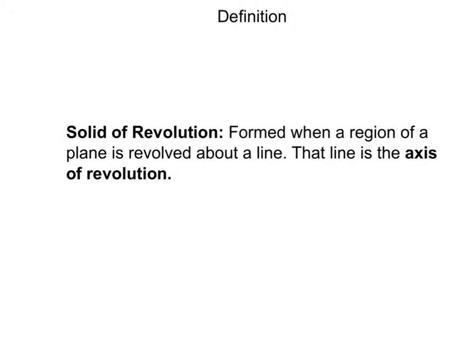A solid of revolution is formed when a region of a plane is revolved about a line. That line is called the axis of revolution. For a lot of the problems you're going to work with, that axis is either going to be horizontal or vertical, and a lot of times it's going to be either the x-axis or y-axis, but please keep in mind that the axis can change.